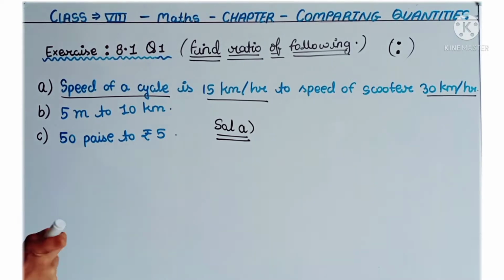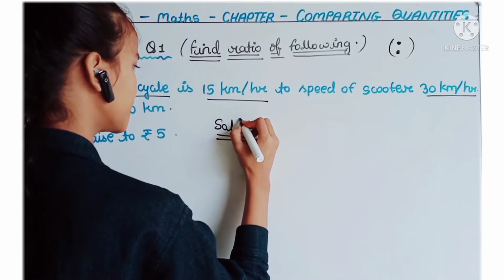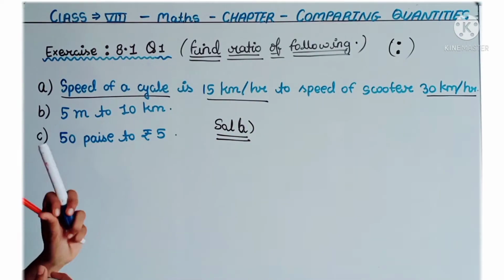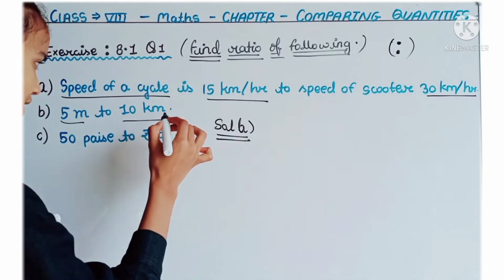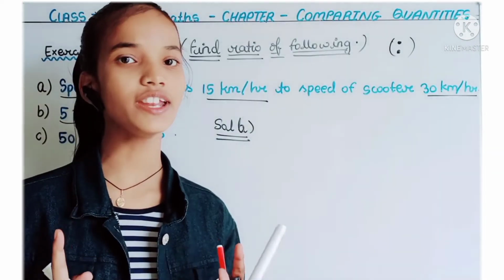Here in the second part of this question, we are given 5 meters to 10 kilometers. As you can see, 5 meter and 10 kilometer contain different units.